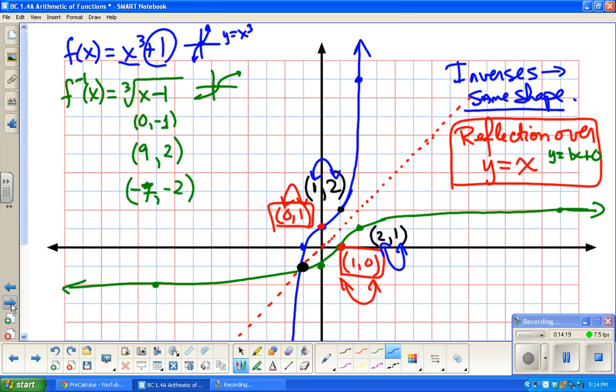What you do need to understand also is that the original equation and its inverse are reflection images across the line y equals x. That sounds like a really good question for a test. Just saying.